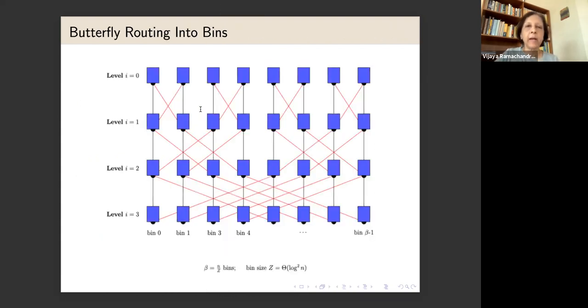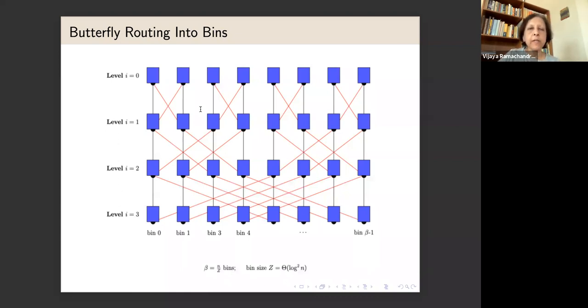So this is going to be the structure of our algorithm. The inputs are at level 0, partitioned into bins of size theta of log squared n, z, and they will be routed along this butterfly to the corresponding output bins. Of course, we can't use the butterfly as is because that would not be oblivious.